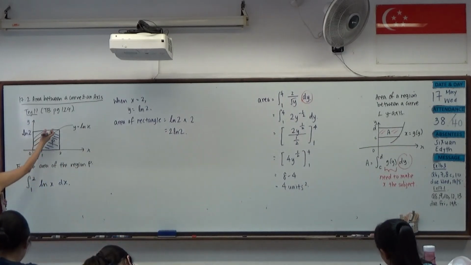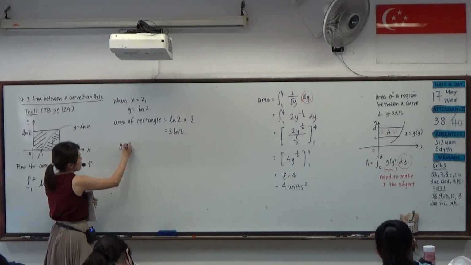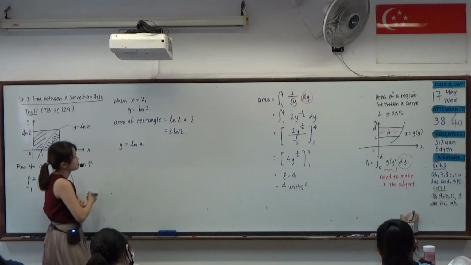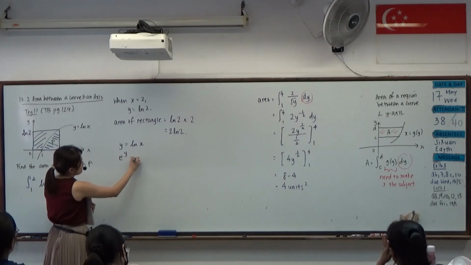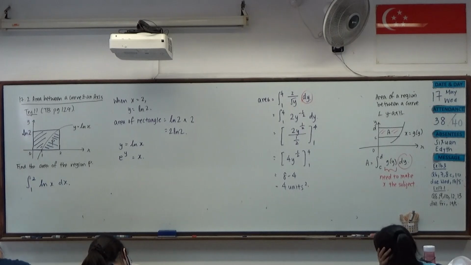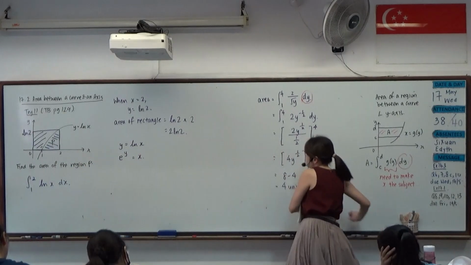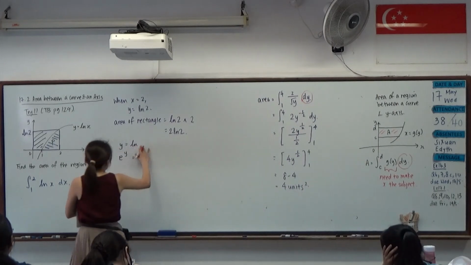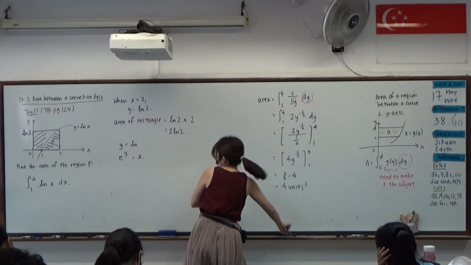Then we figure out what is the area towards the y-axis. And since we need area towards the y-axis, our y equals to ln x needs to be manipulated with x to be the subject. In other words, e to the power of y equals to x. So change from logarithm form to exponential form. In case you have forgotten how we do that, your ln x is having a base e.